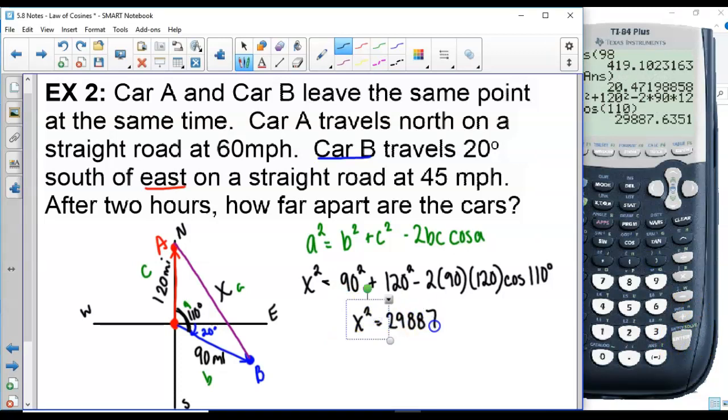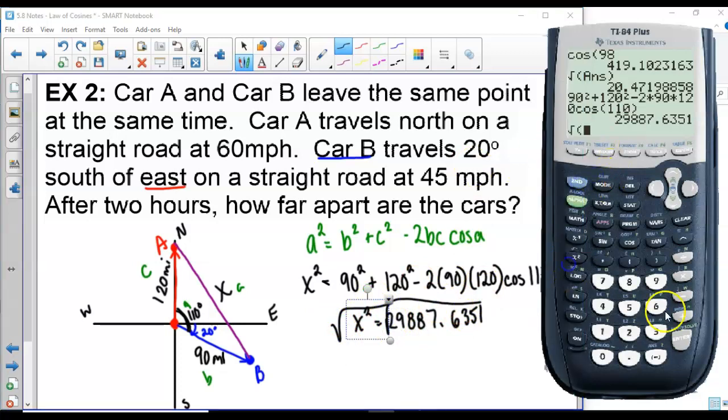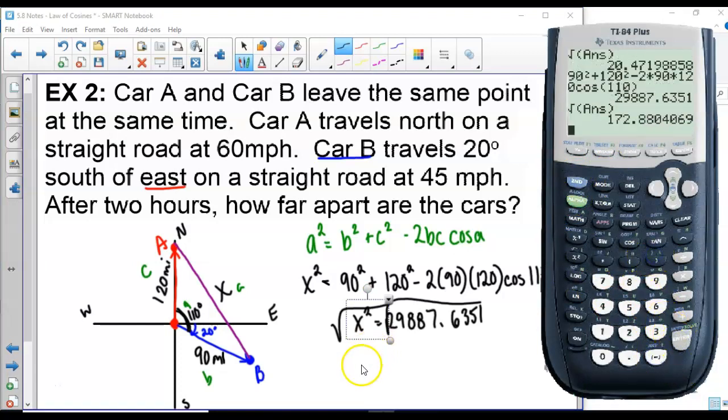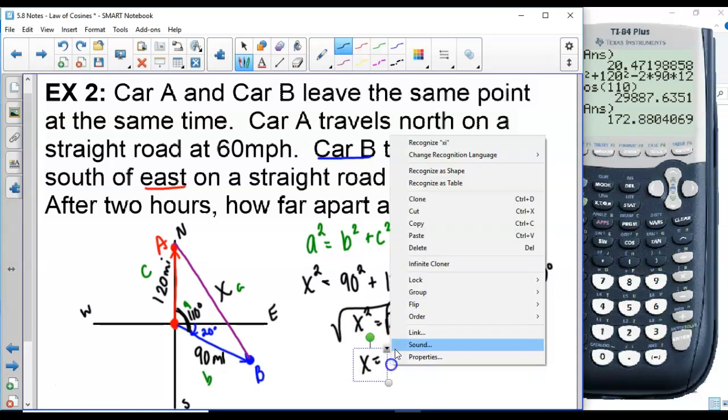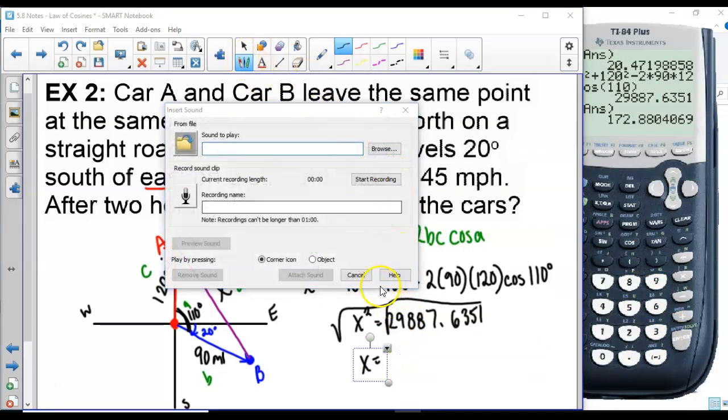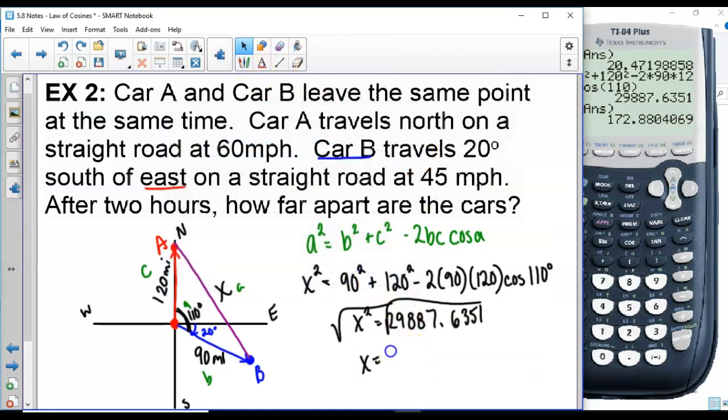You're not done. You've got to square root both sides. Whenever you do that, you got 172.80 miles there, so about 173 miles.